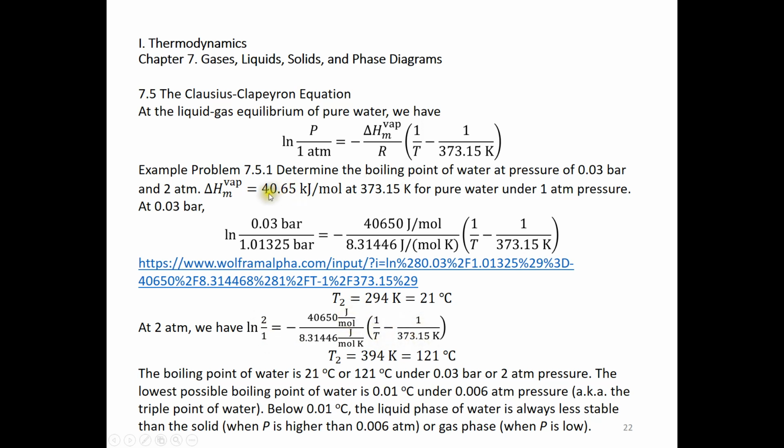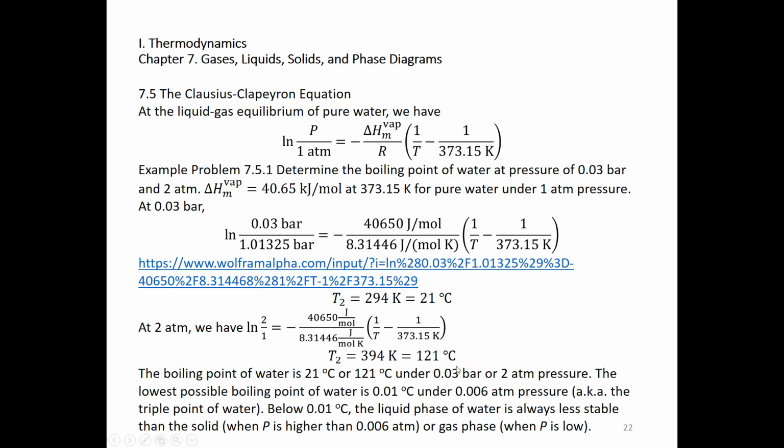We plug in those values for the enthalpy of vaporization over here and the value of R. We solve this equation. This T is actually 394 Kelvin, or 121 degrees Celsius. So the boiling point of water now is higher than 100 degrees Celsius.